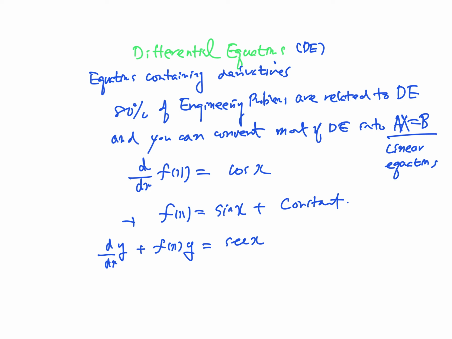We have some approximation. One is d/dx of secant x is what? Tangent x times secant x, right? And d/dx of tangent x is 1 plus secant squared x. Let me check. Right? So it's not an easy problem to solve.